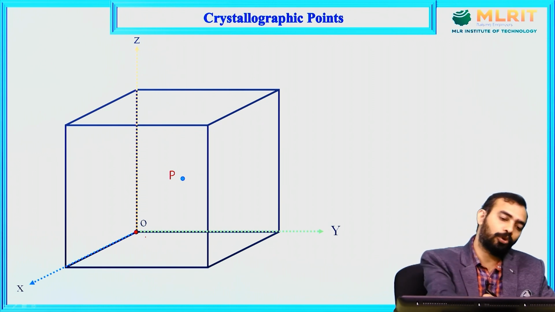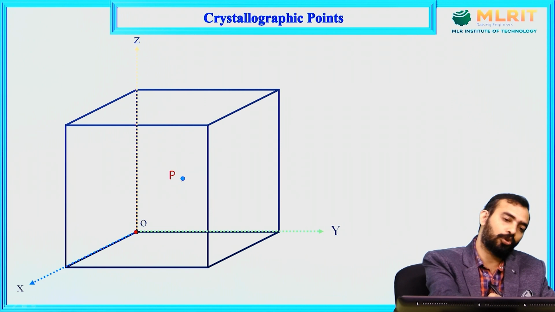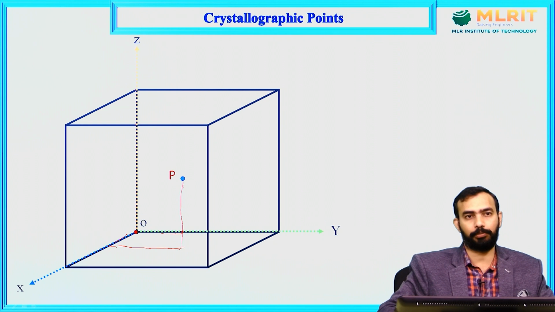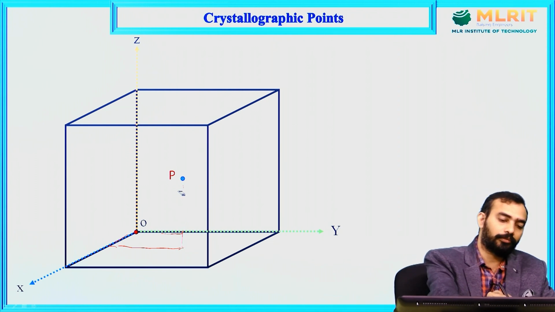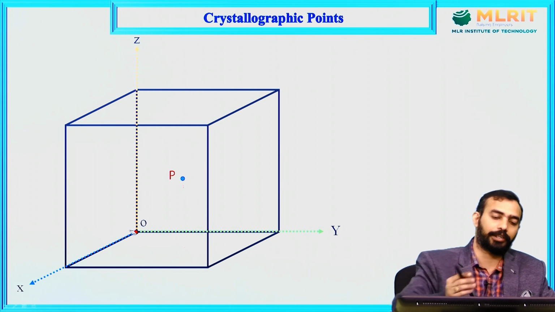So I have to go back in the z direction, I have to go back in the y direction, and then go back in the x direction. Let us see how we will be drawing it.